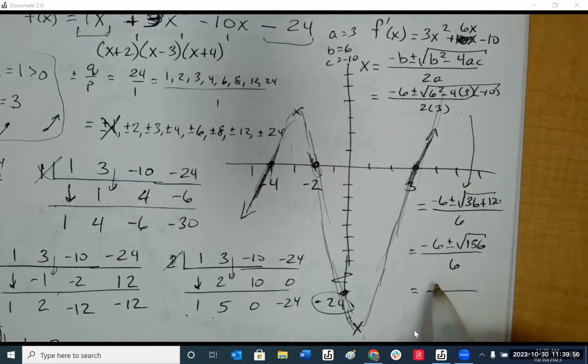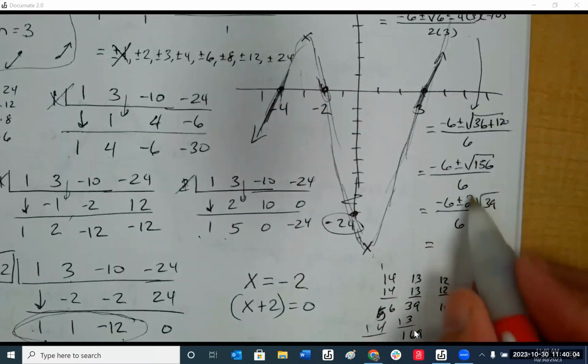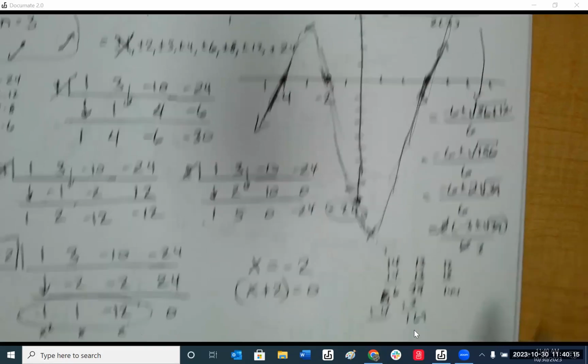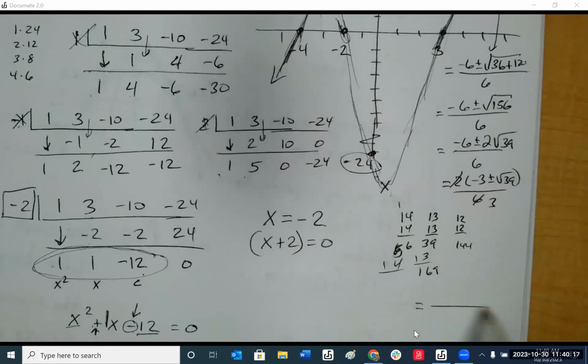So we have -6 plus or minus 2 root 39. We can factor out a 2 on top, giving -3 plus or minus root 39. So our vertices are at -3 plus or minus root 39 over 3.